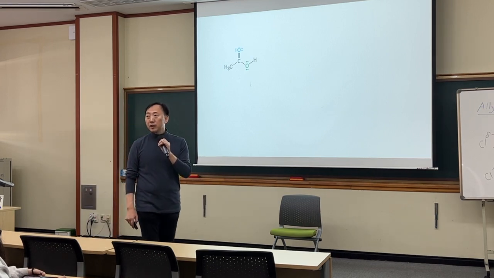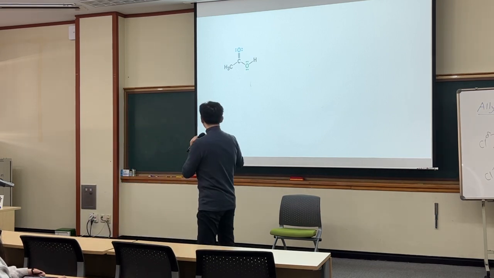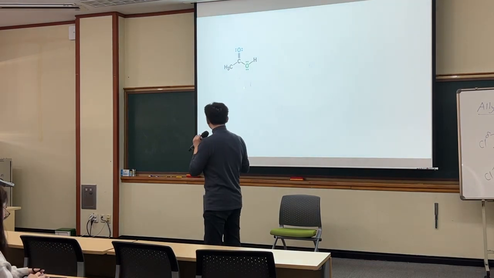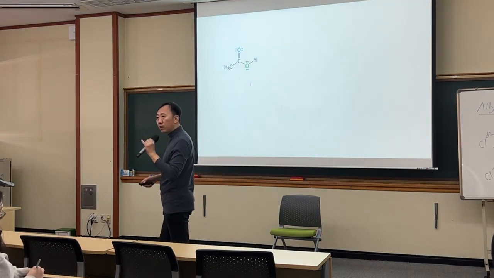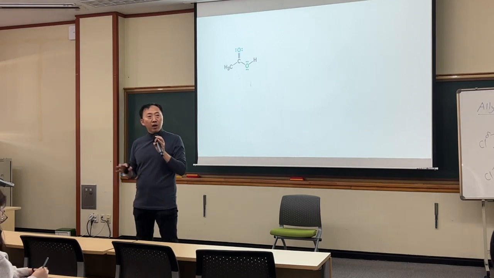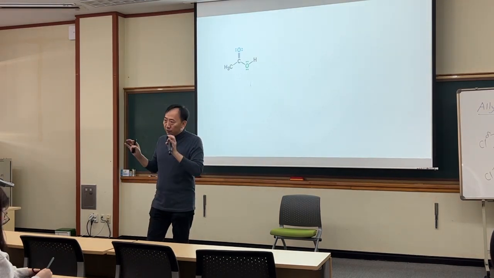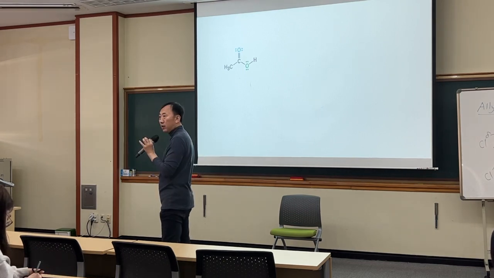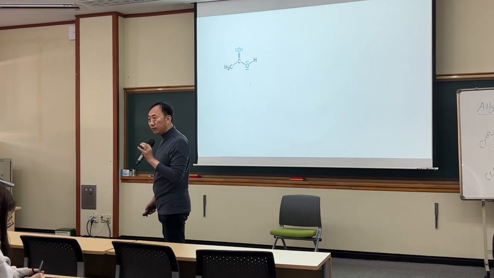It's different. That's why this electron here has sp2 character, and this electron here has sp3 character. Those two electrons behave differently. And when two molecules are attached, the proton moves from here to here. That's also a different structure.